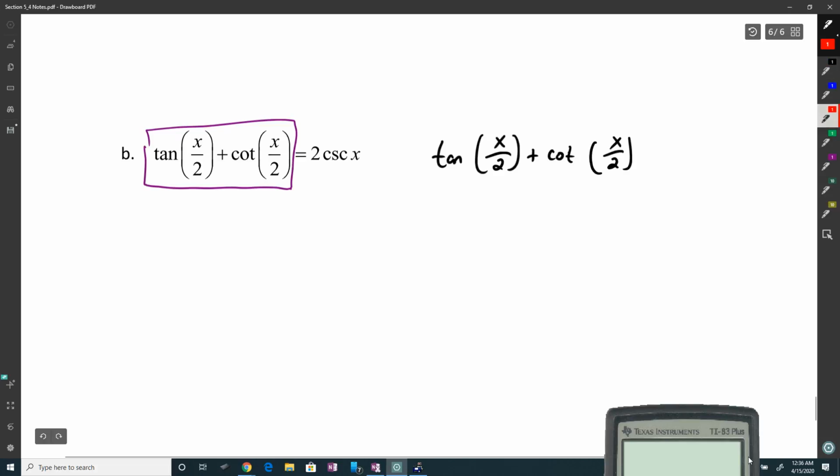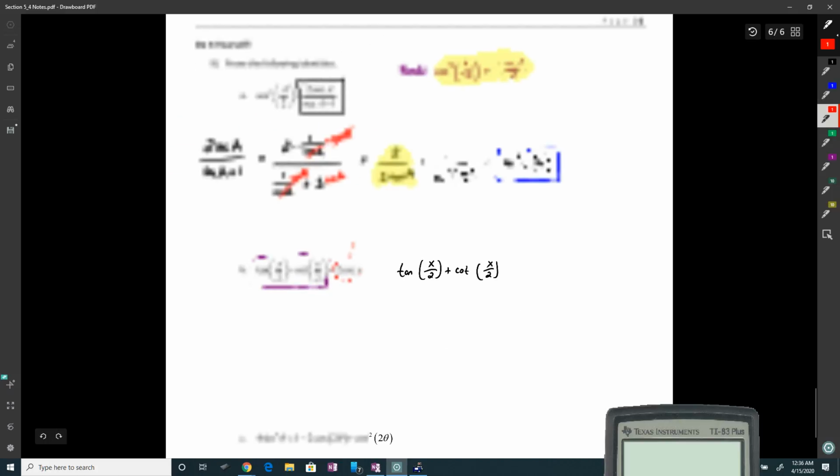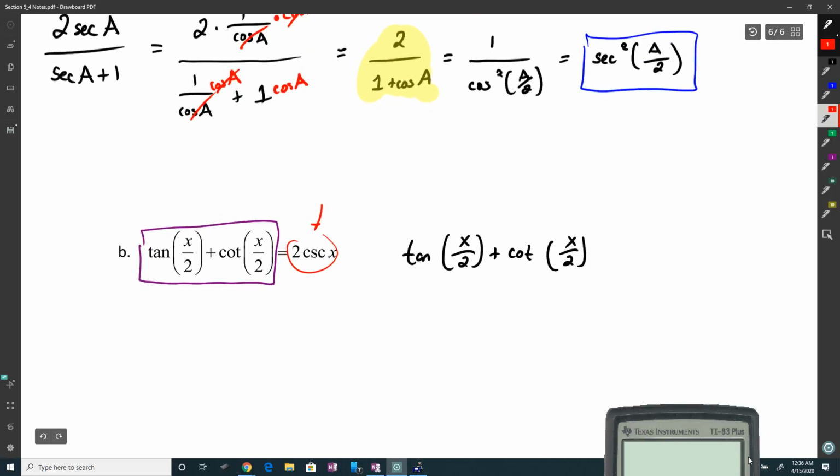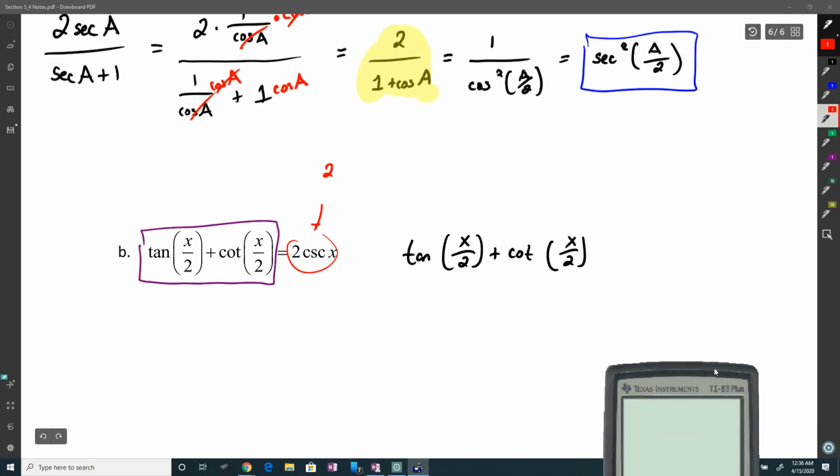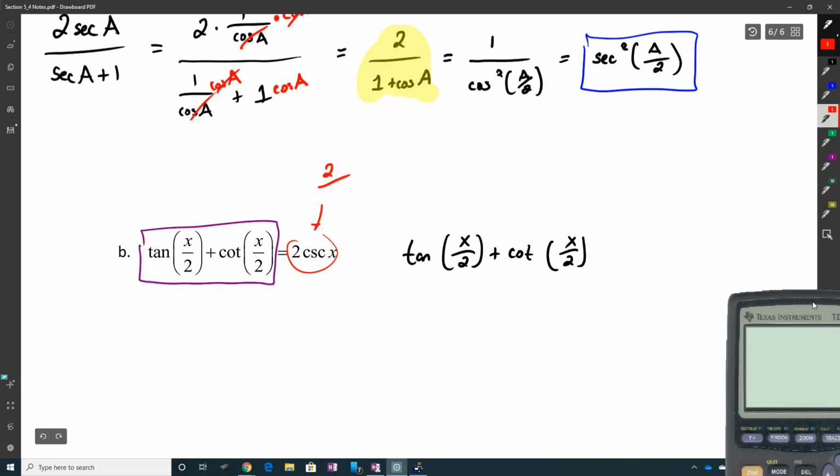Now, as far as my answer goes, I know that this is 2 over sine of x, which means that sine is in the denominator. So when I'm doing my proof, I want sine to be in the denominator because my answer has sine in the denominator. So I want to see a sine in the denominator.